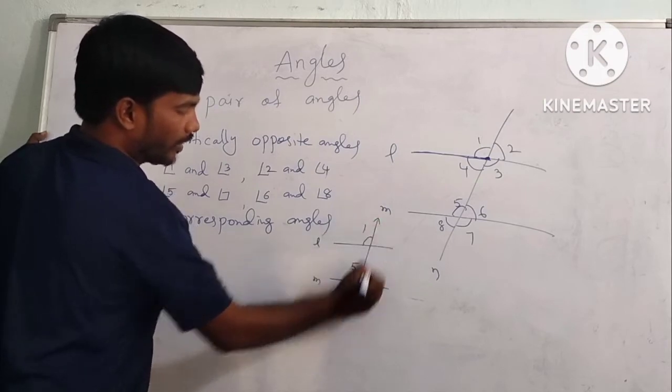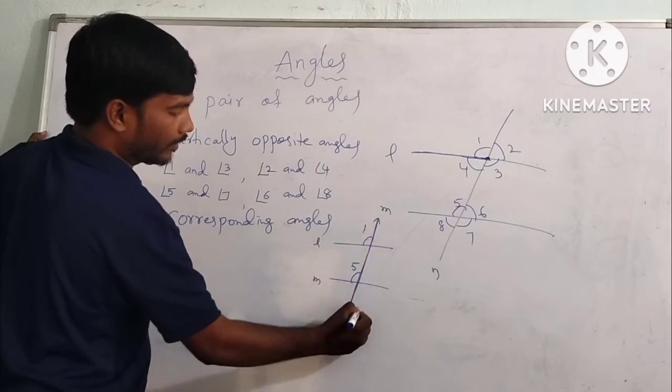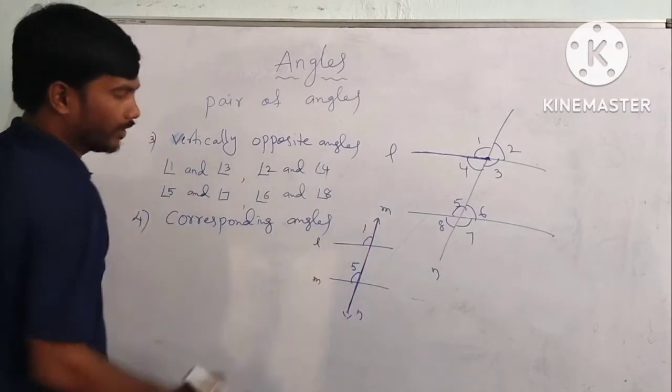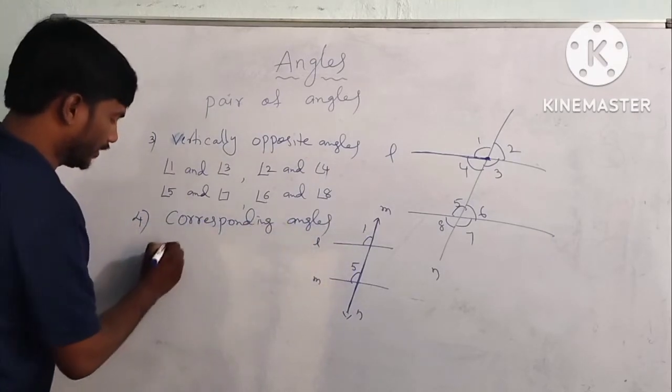Next, both of them are on the same side of the transversal N. So these kind of angles are called corresponding angles.